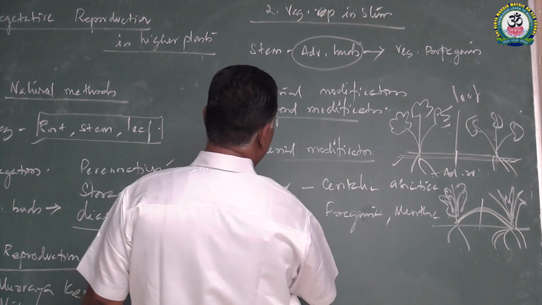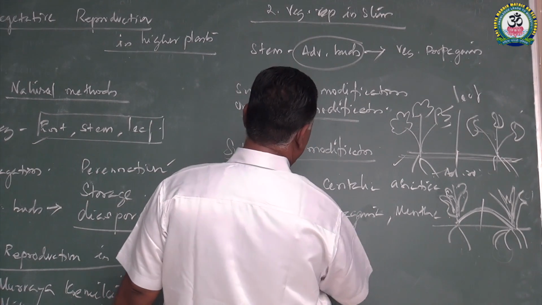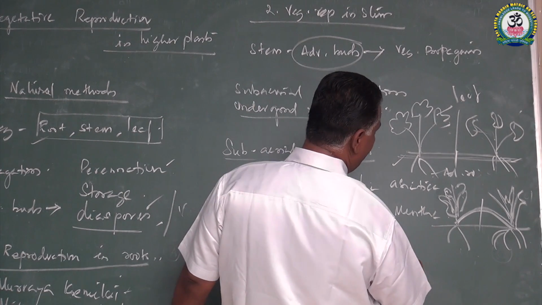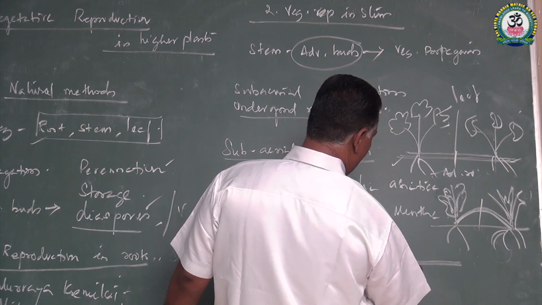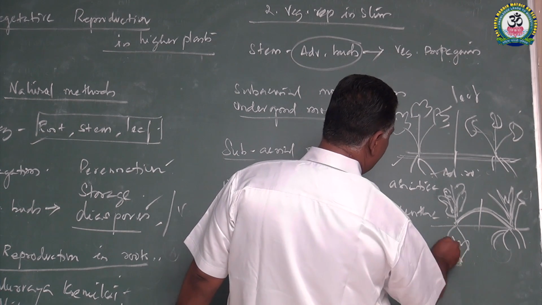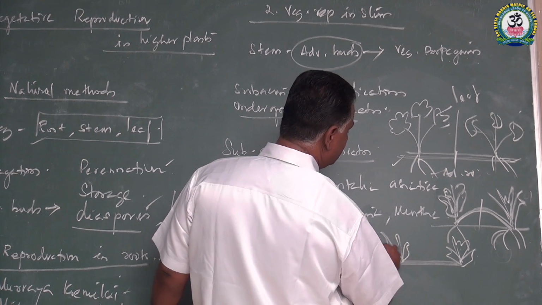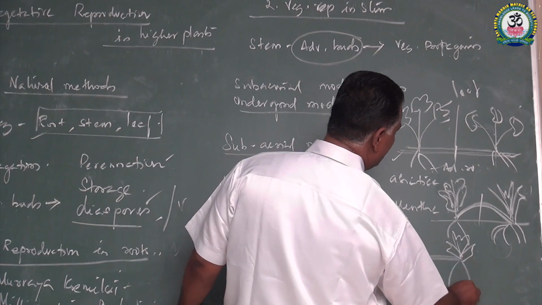And offset. Offset is found in Eichhornia and also Pistia. This is a water plant where the same runner type of stem is found, with a tuft of leaves on the upper side and a cluster of roots hanging in the water.